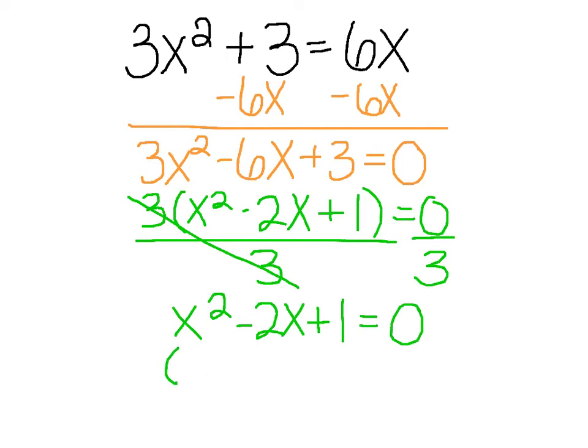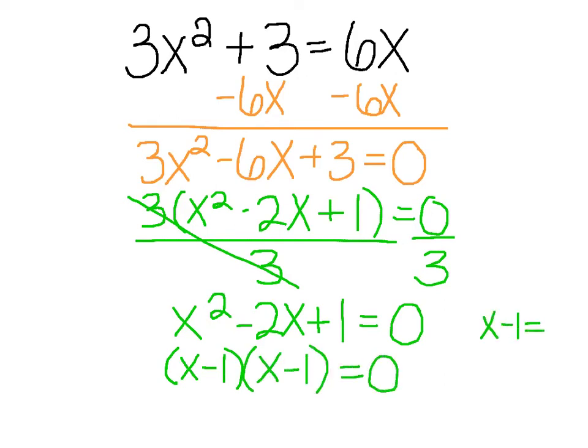Finally, we're going to factor: x minus 1 times x minus 1 equals 0, and x minus 1 equals 0, add 1, and we get x equals 1. So what's important is if we have a GCF that's a number, we can divide by the GCF and simplify our polynomial. Otherwise, if we had factored this, we would have to do the AC method and it would be a lot more difficult.